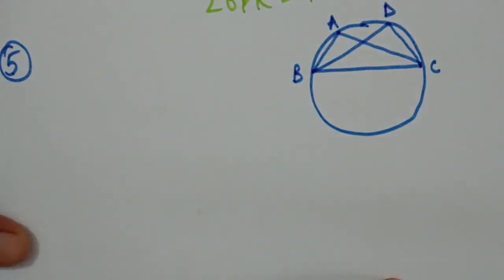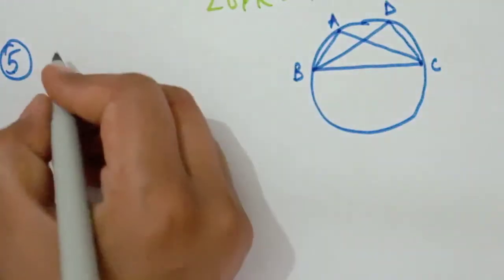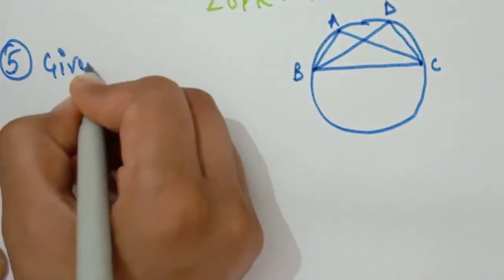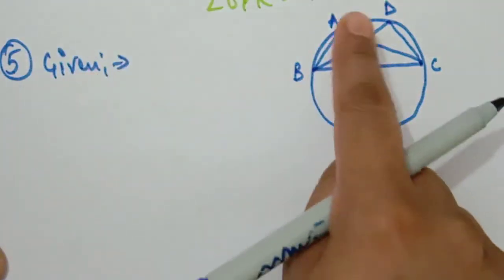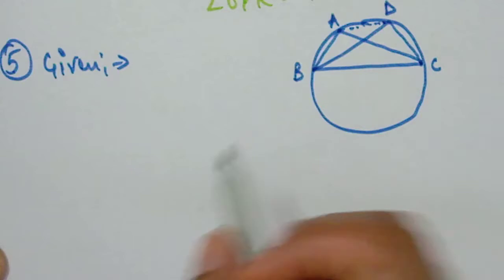Now what is given? It is already given that 4 points A, B, C, D are present on the circumference of the circle. If we join this line also, then ABCD is a cyclic quadrilateral.